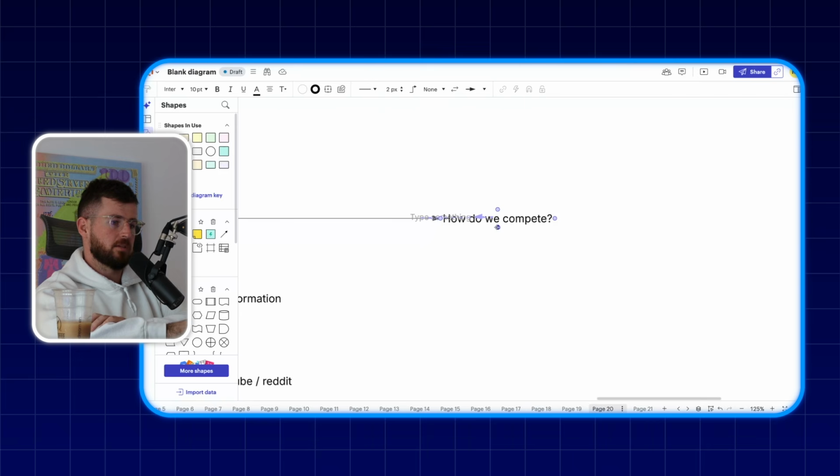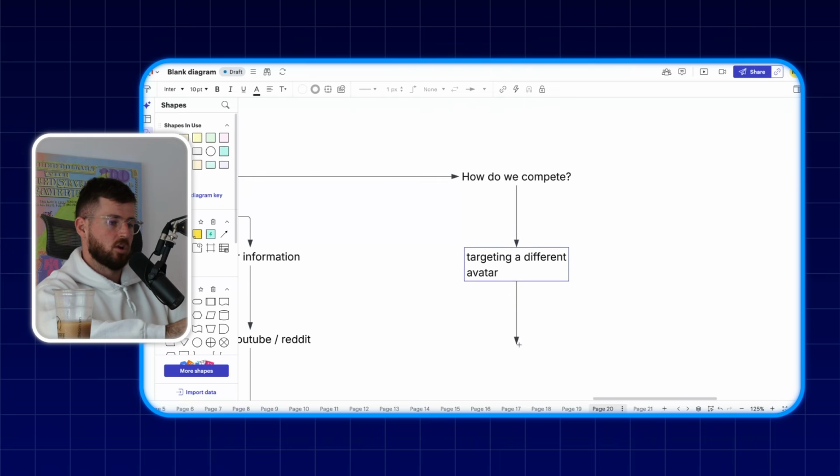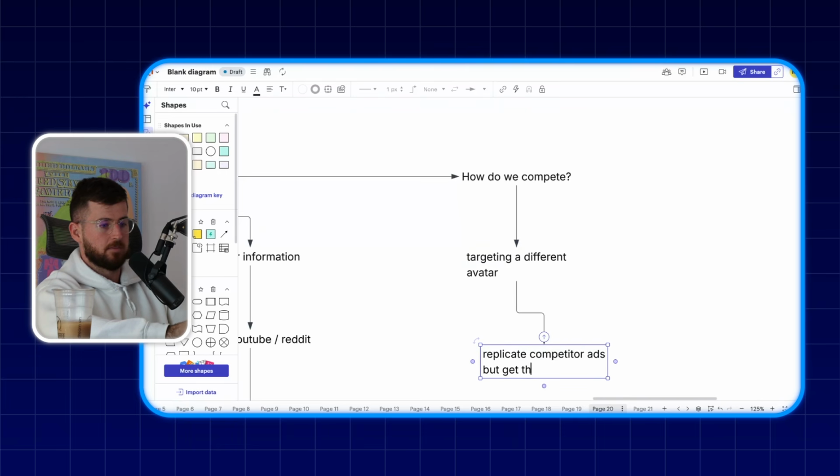Now, because we're going to compete by simply targeting a different avatar, what I'll essentially do here is literally replicate competitor ads, but film them specific to our avatar.